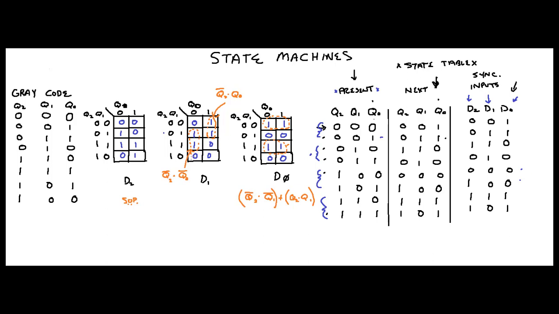I'm sorry, that's not Q2, that's Q1, because it doesn't change. I looked at that too fast. That's not a bar either. It's going to be Q1, and this will be Q0 bar. Okay.